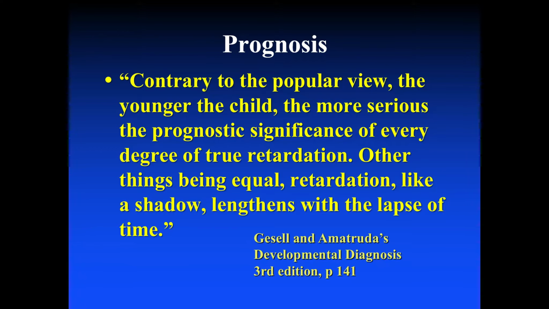So a child who may turn out to have mild intellectual disability at 1 year of age may be functioning at a 6 to 7 month level, and that's a 5 to 6 month delay. And at 2 years of age, they may be functioning with a 7 or 8 month delay, and at 3 years of age with a 9 to 12 month delay, and at 5 years of age with a 1 to 2 year delay, and so on, that the size of the gap gets bigger and bigger over time, which is a pretty grim thing to think about.